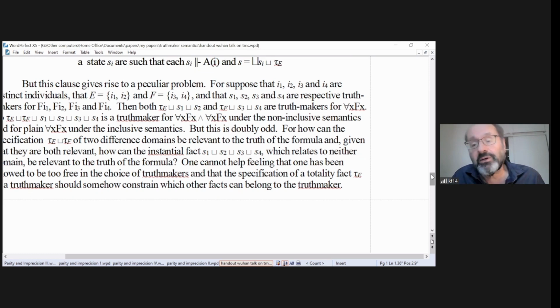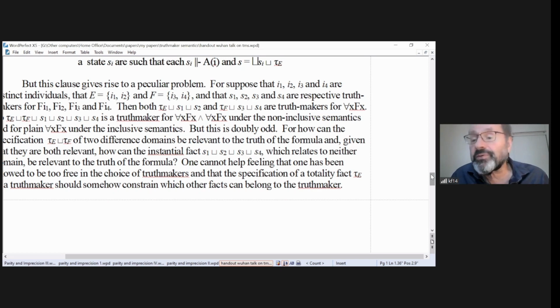A truth maker will say, look, these are the individuals, exactly the individuals there are, and these are the truth makers for the relevant instances of for all x, Fx. And I'll have such a truth maker when the totality fact concerns E, the subdomain E. I'll have such a totality fact when the domain concerns F.